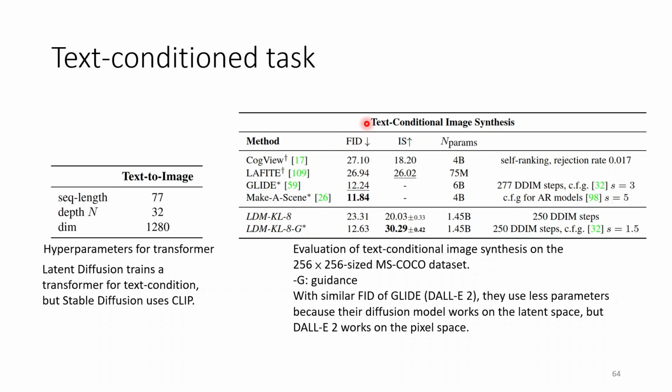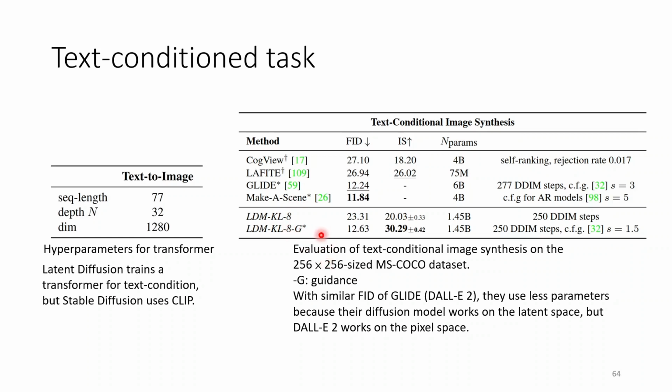So they also show the comparison. So the DN K means the KL divergence, and the 8 means they use scaling factor as 8. So this is their picked result. The test G means the guidance.